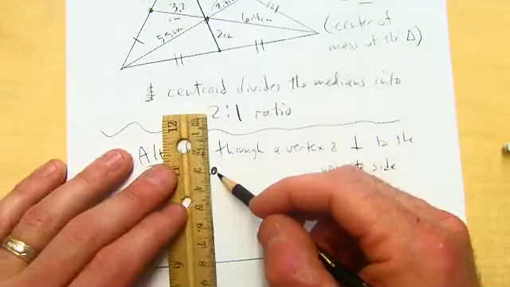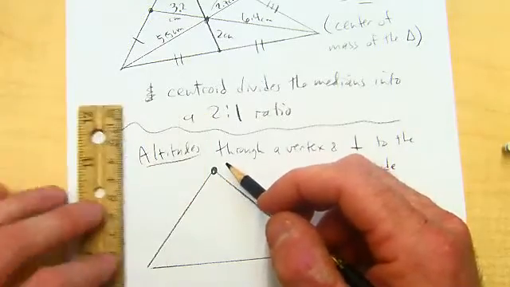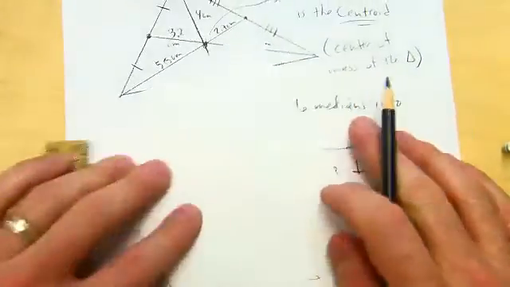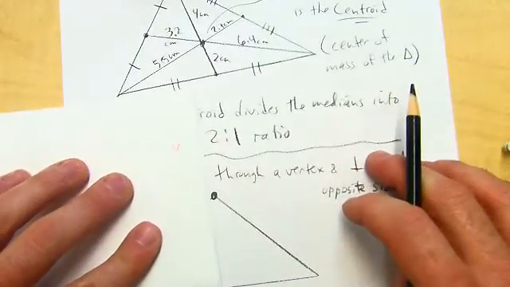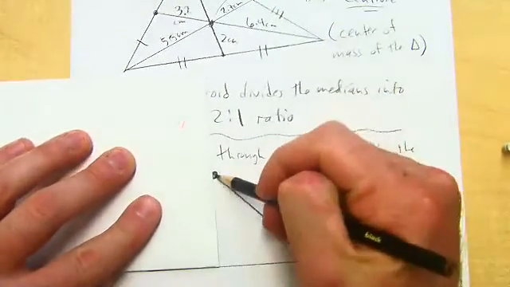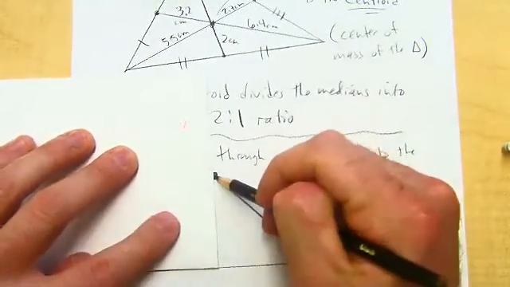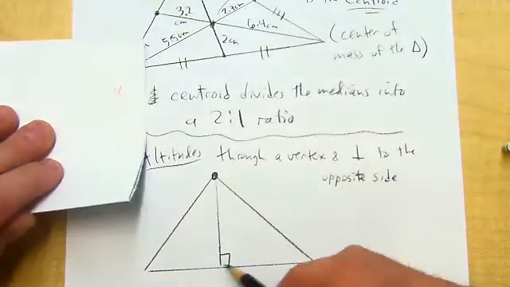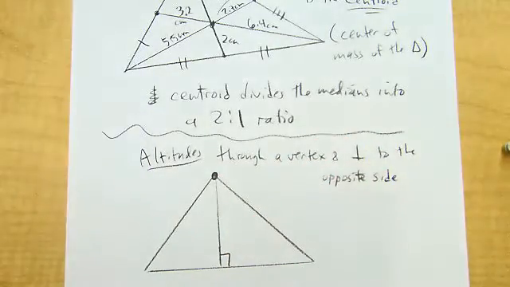You could eyeball it, or you could use a corner, like a corner of a card or something. That would make a nice 90 and get it so you're going through this point, but also making a 90 degree to this opposite side. Okay, that's the altitude. It doesn't necessarily hit the middle down there.